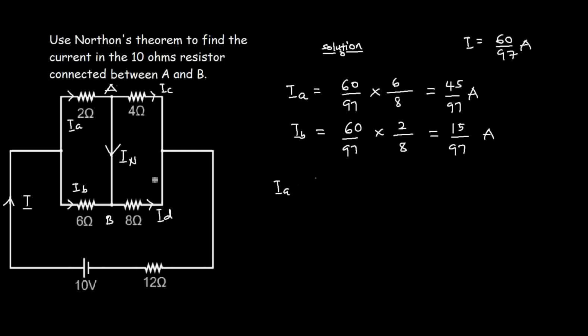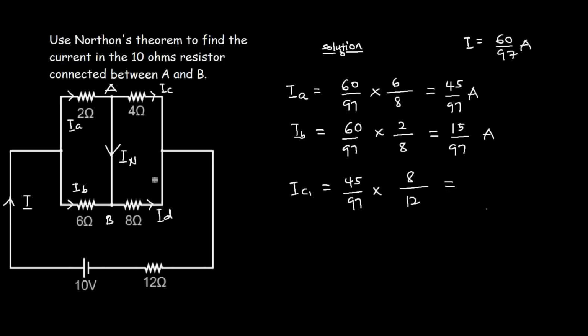Using IA as the current source, we're going to have IC, which we name IC1, equal to 45 divided by 97, because you're considering IA to be the source current, times 8 ohms divided by 4 plus 8, that will be 12.